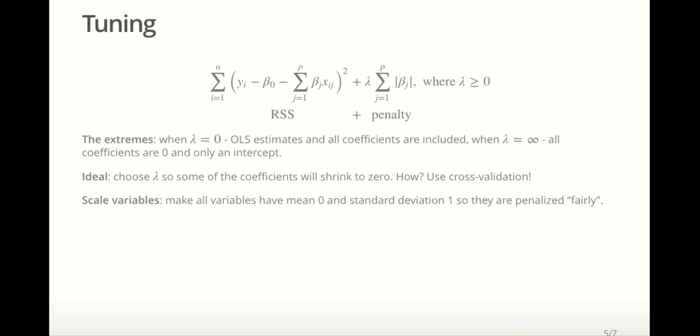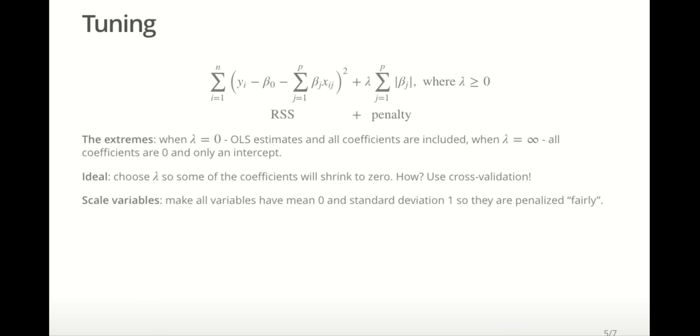And one more important piece before moving on to a couple examples. Because we are penalizing coefficients, it is important that we put our variables on the same scale so that coefficients are being penalized fairly. In the functions we use, they will be automatically scaled to have mean 0 and standard deviation 1.